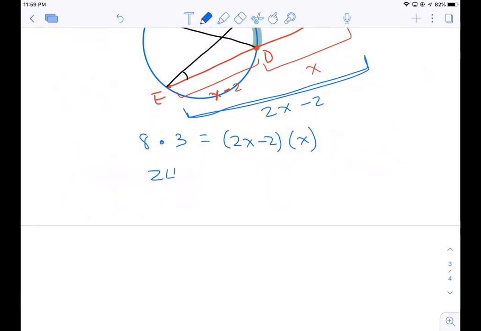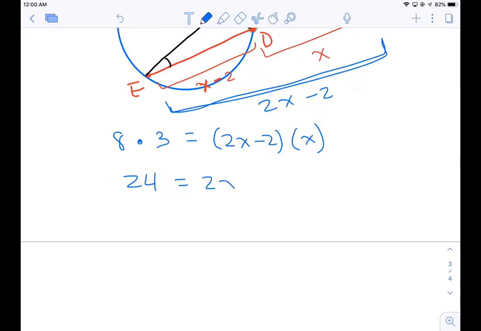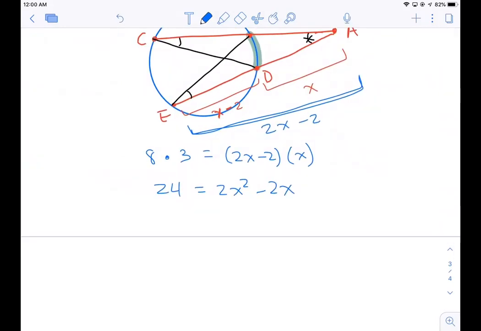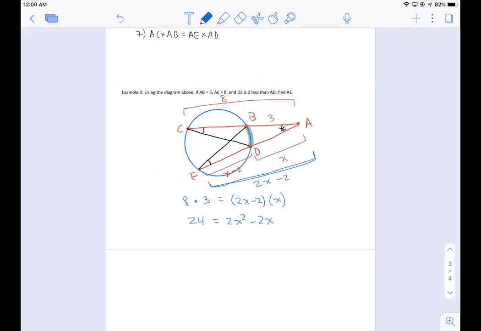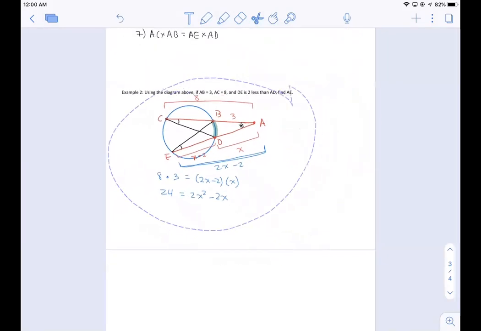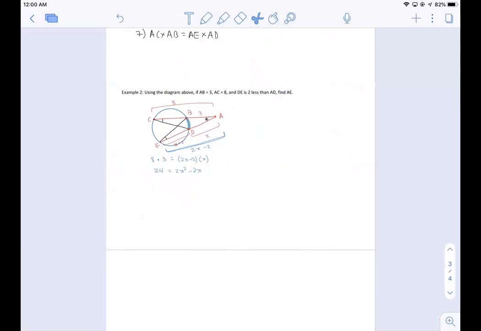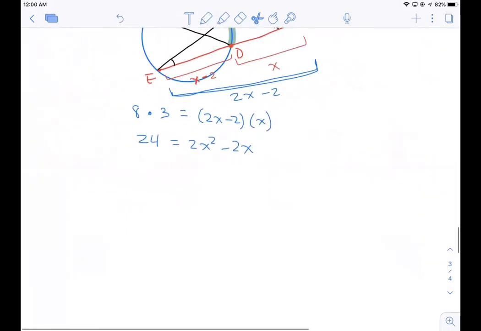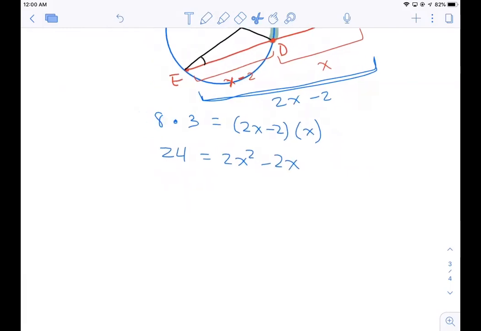So let's distribute. 24 equals 2X squared minus 2X, and we've got a good old quadratic, which you all learned how to solve last year, and all remember how to solve 3 different ways: by factoring, completing the square, and the quadratic formula. Yes, guys? All right.